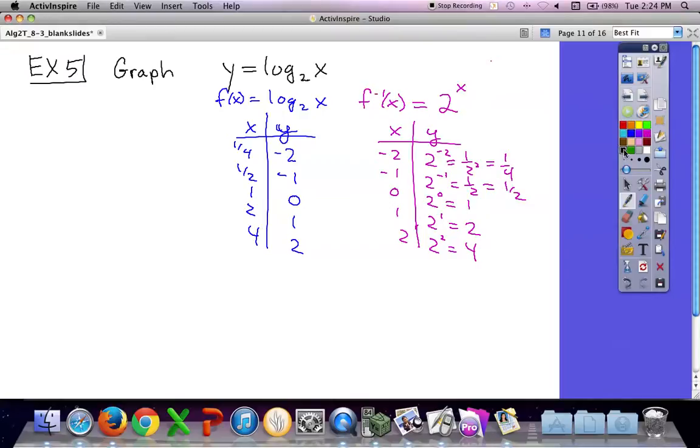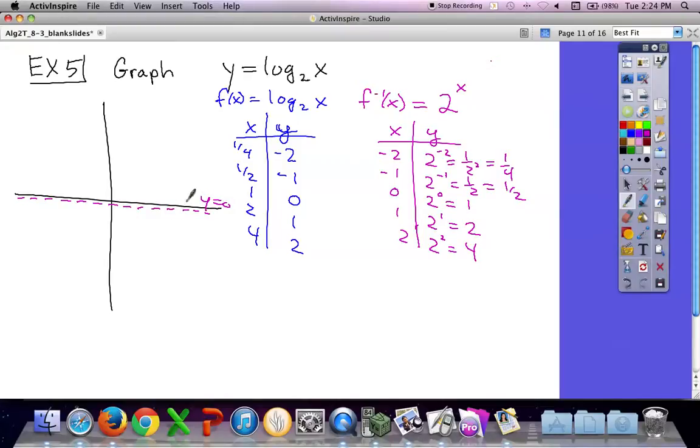So if we graph these, do the exponential first. Right? It's an exponential growth. We know it has an asymptote here, which is y equals 0.